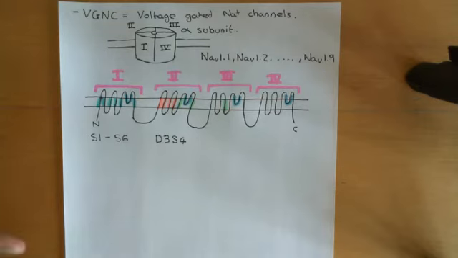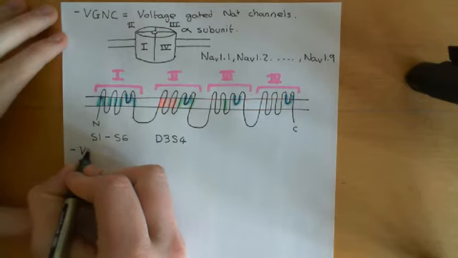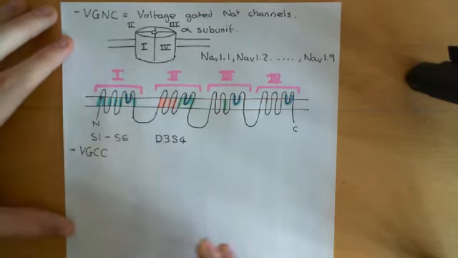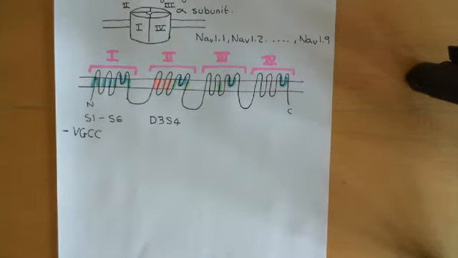Firstly I want to mention the voltage-gated calcium channels, and then we'll go on to the TRP channels. Voltage-gated calcium channels have a major subunit which makes the pore-forming portion of the channel, and then they have a lot of auxiliary subunits attached to them.